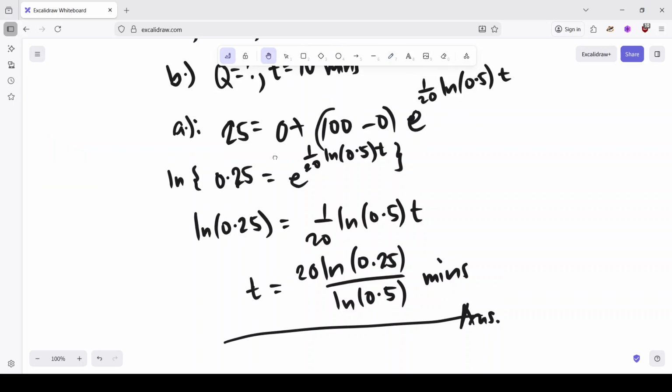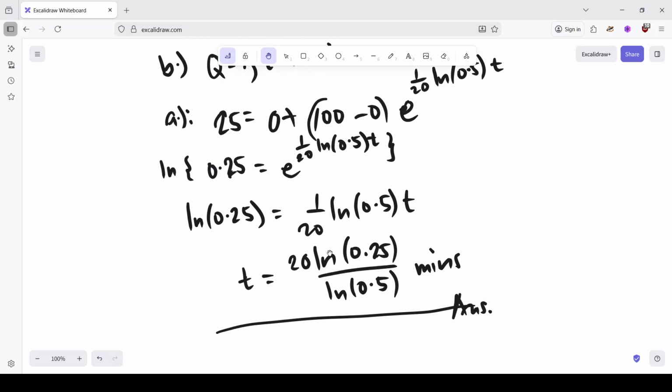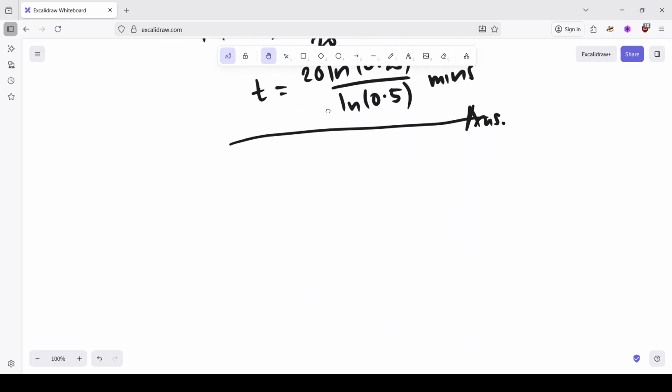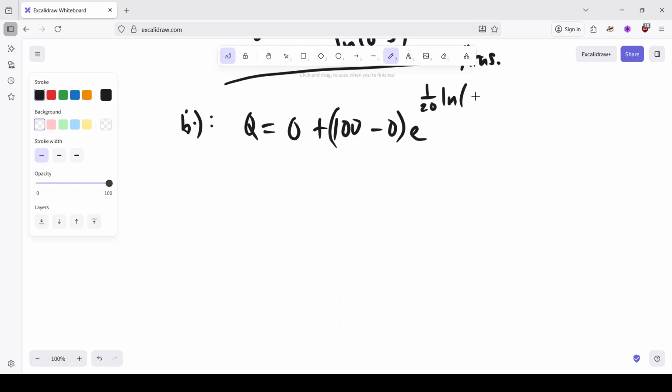And then for letter B, we're looking for Q after 10 minutes. So applying the equation again. Q is equal to 0 plus 100 minus 0, e raised to 1 over 20 ln of 0.5 t.